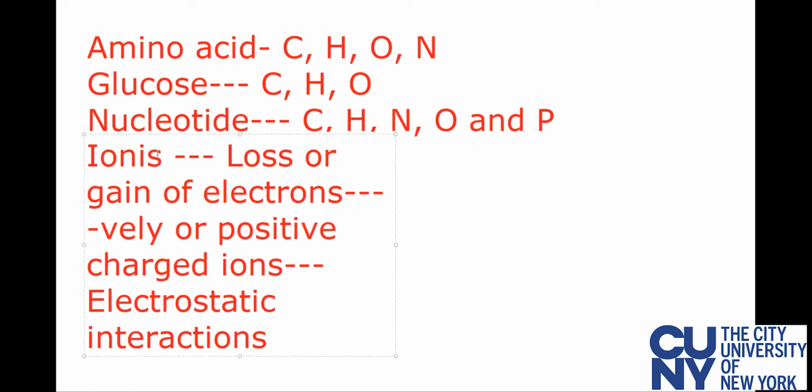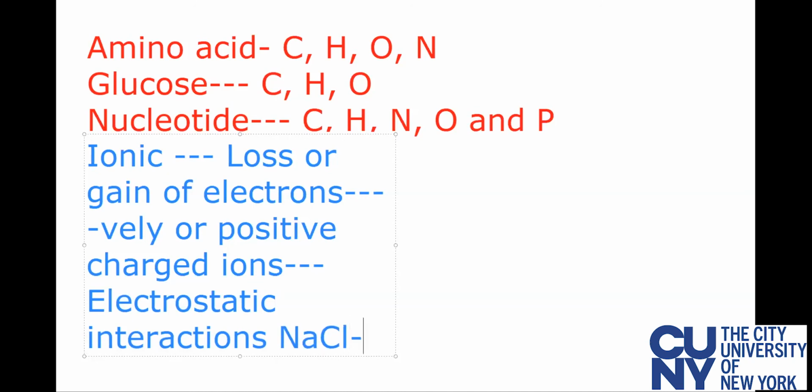So an ionic bond is formed, and ions are formed by loss or gain of electrons. And when they attract each other because they're oppositely charged, the force that attracts opposite charges is called electrostatic interaction. The most common example is our common salt that we keep in the kitchen all the time, in all the food, sodium chloride.